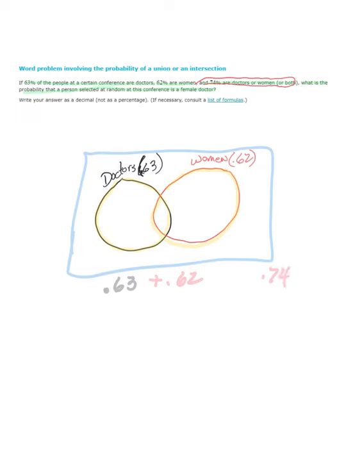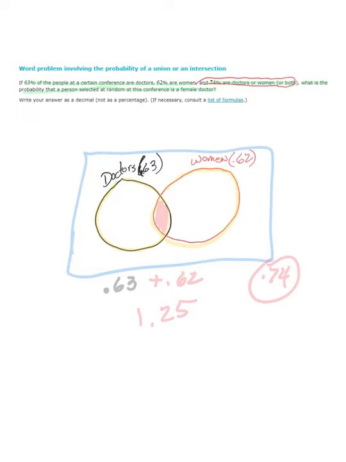It's going to be way more. How much is it going to be? If I added those together, I got 1.25, I believe. So there's a huge overlap here, a lot of stuff going on, because this is supposed to be 0.74.